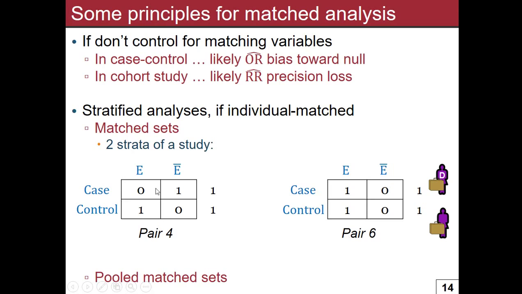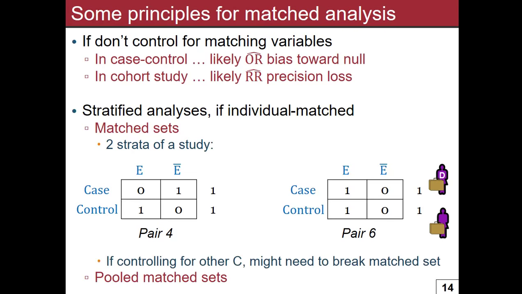Operationally, when this case came along, you went and found a control. A few months later, another case comes along and you find another control. Lo and behold, it turns out they were demographically the same, and you can put them together in the analysis. That's a good thing, because now you have a table with 4 pieces of information rather than a table with 2. This is a small minor point, but it's the operational side of matched studies, and the real world data side, where you can put these things together.